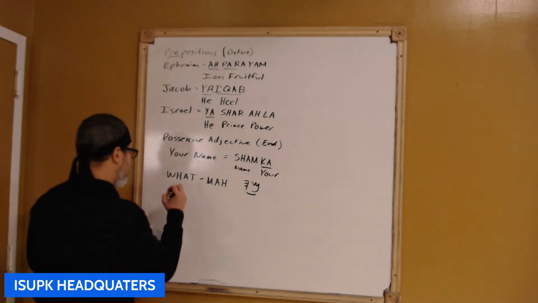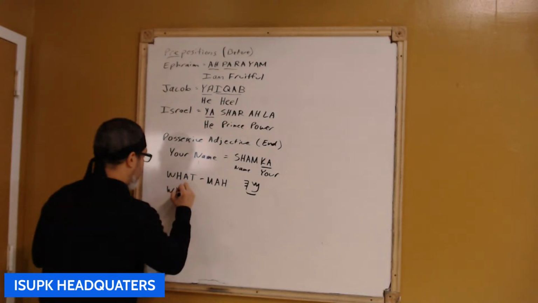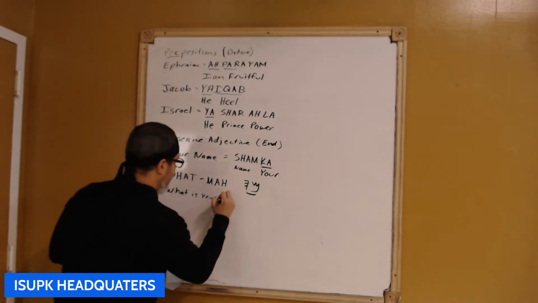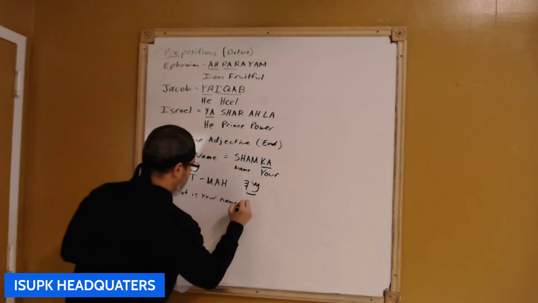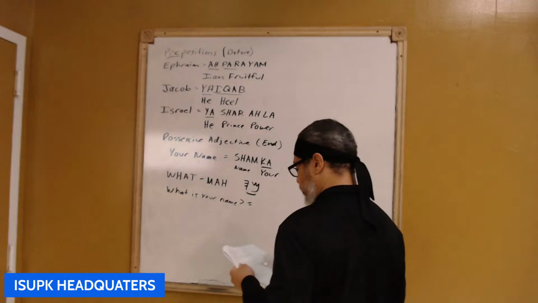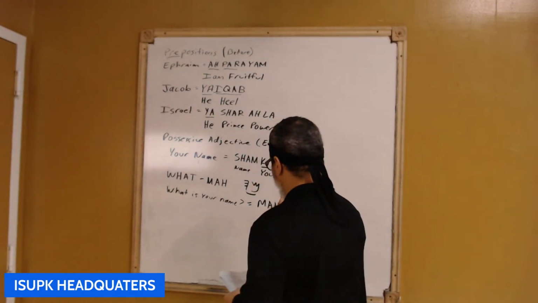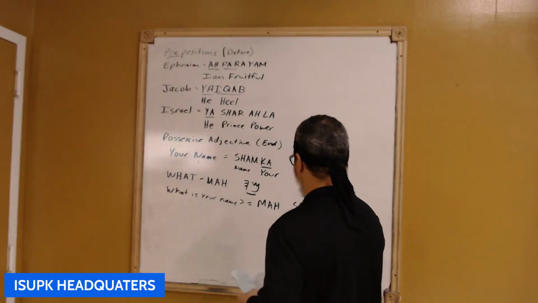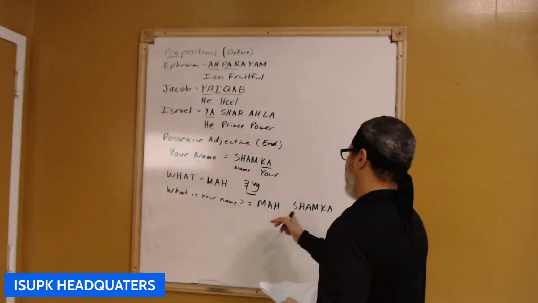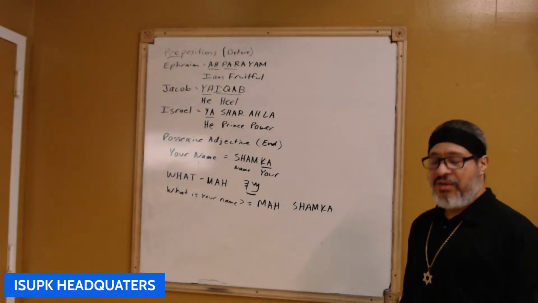So what is your name? Is equal to Ma Shum, name Ka, your. What your name? Now we got our first sentence we created.